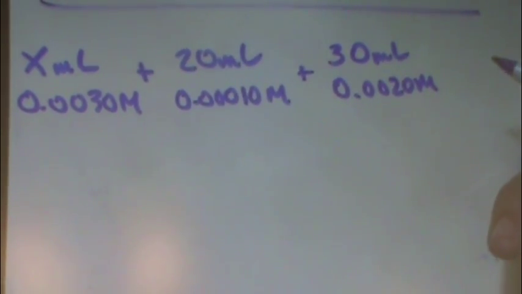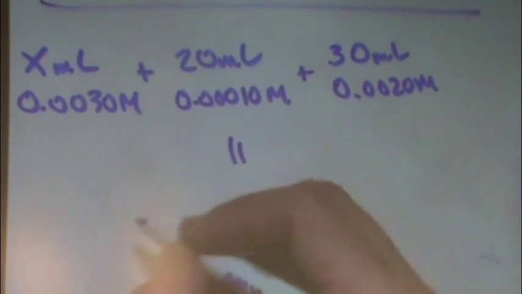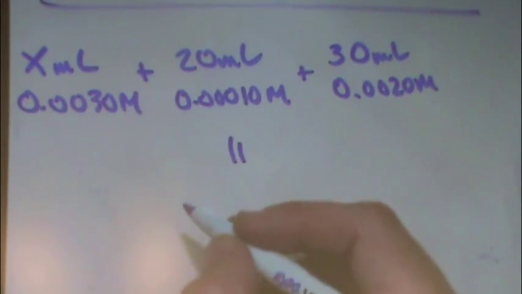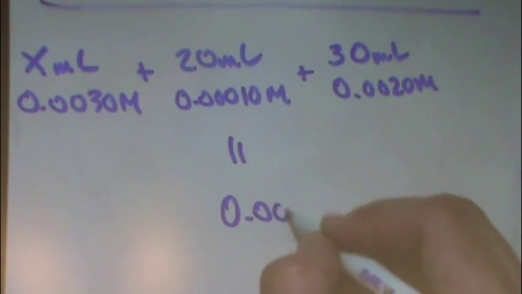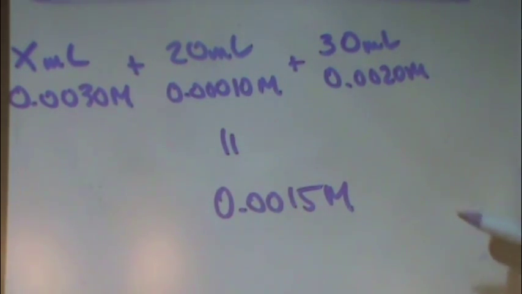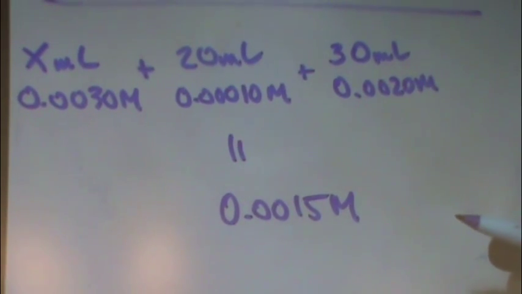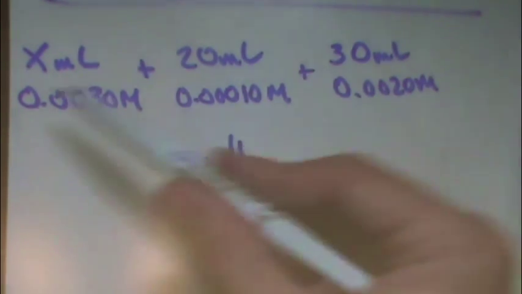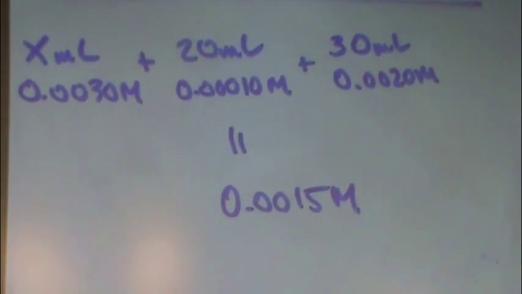Okay? Once you've done all that, that's an equal sign. You get 0.0015 molar sugar. Okay? What's the volume, anybody? Of this result? Yeah, X plus 20 plus 30, 50 plus X.